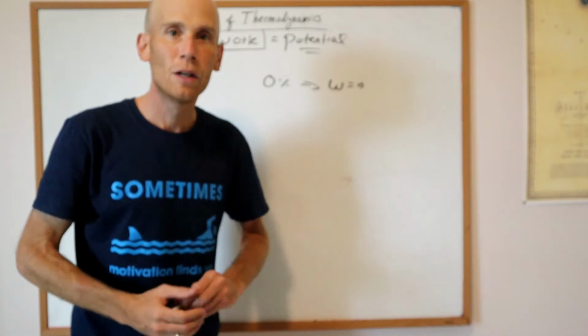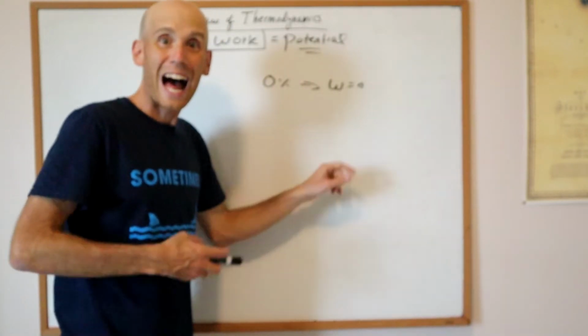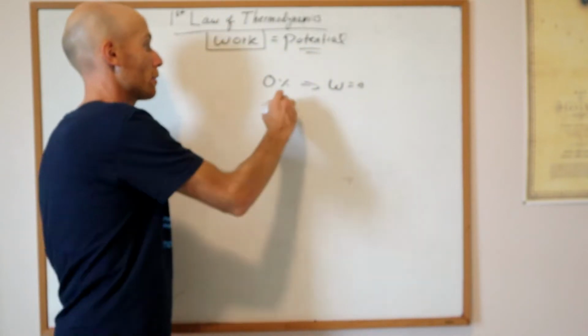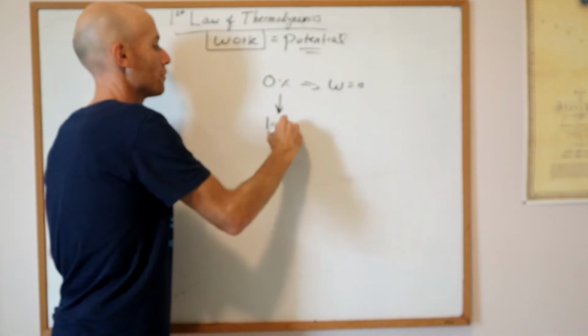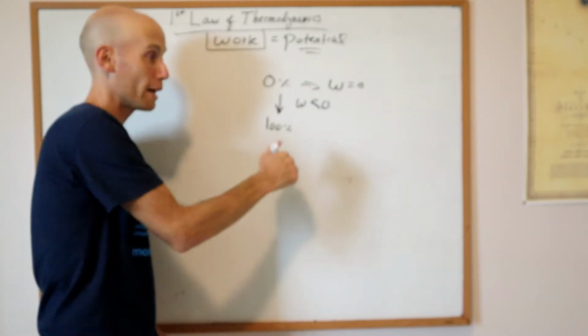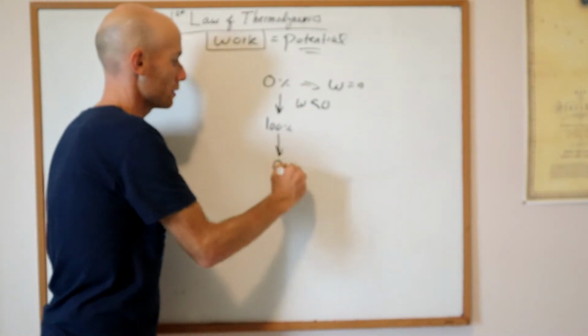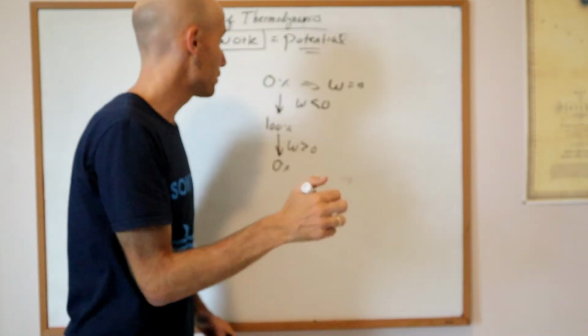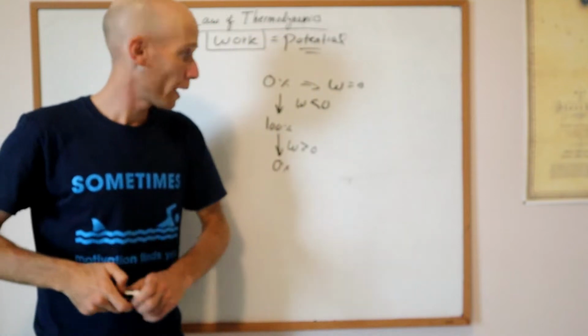It's dead now. Now, if I wanted to do work, I have to put energy into that to restore it back to 100%. I have to put work into that, work is negative, and then when it goes back to 0%, it is doing work. But once it's at 0, it has no potential.